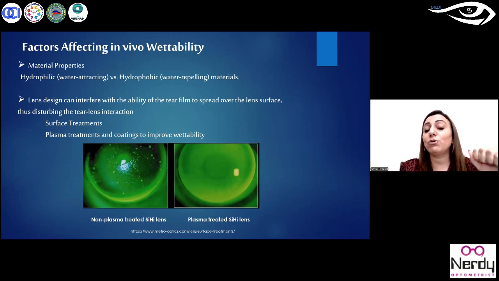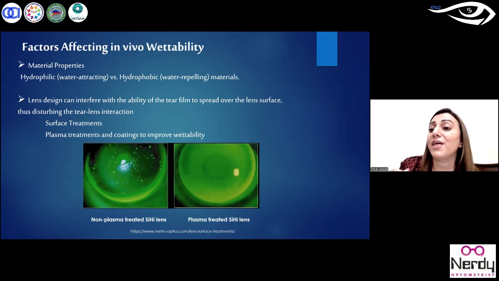This is why for silicone hydrogel lenses they do some surface treatment, because it is inherently hydrophobic. They improve the surface either by plasma coatings, which was a while ago, or now companies copolymerize it during the manufacturing process with wetting agents.